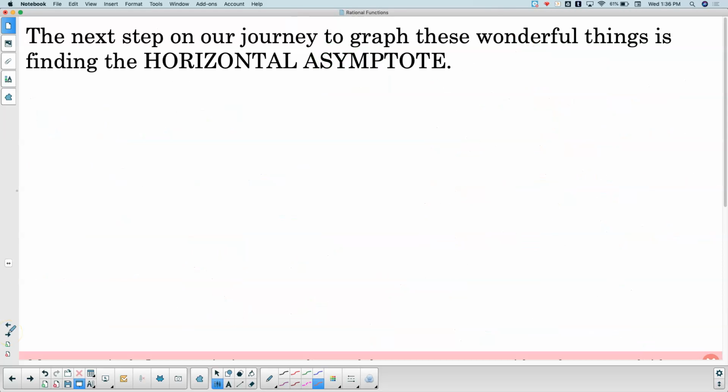So, next step on this great journey is we got to do horizontal asymptotes. Now, for horizontal asymptotes, those are also going to be lines like vertical asymptotes. Tomorrow, when we get to graphing, those are going to be dashed lines on our graph.